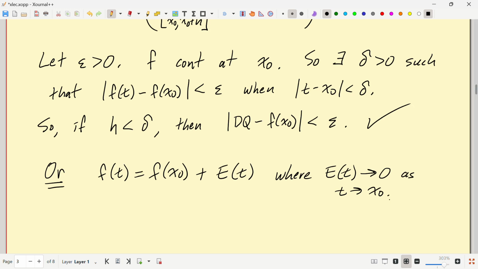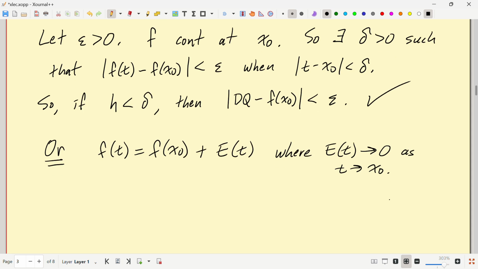So this equation defines e of t, and I can define e of x naught equals 0. And that makes it continuous.